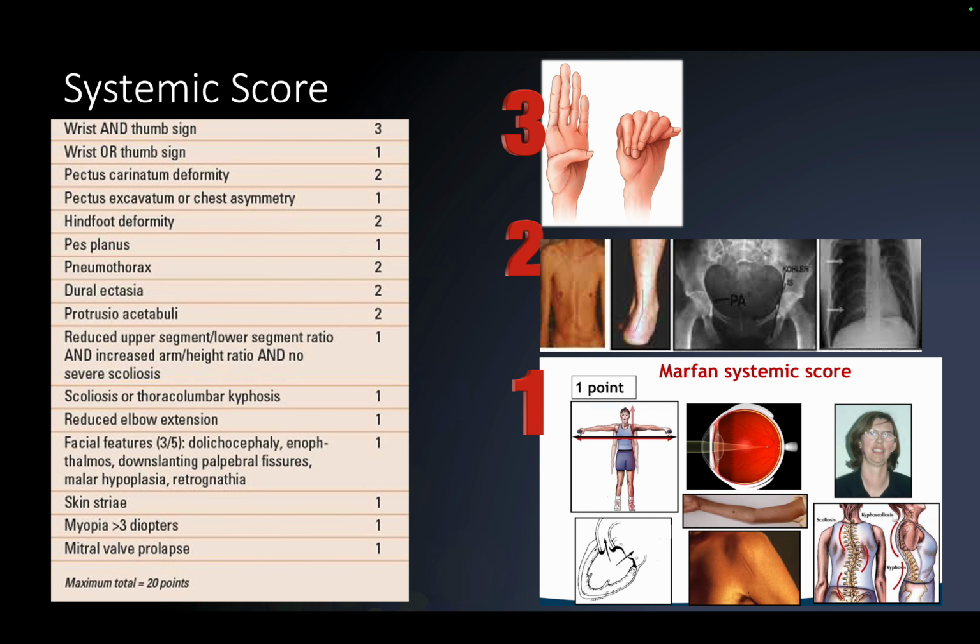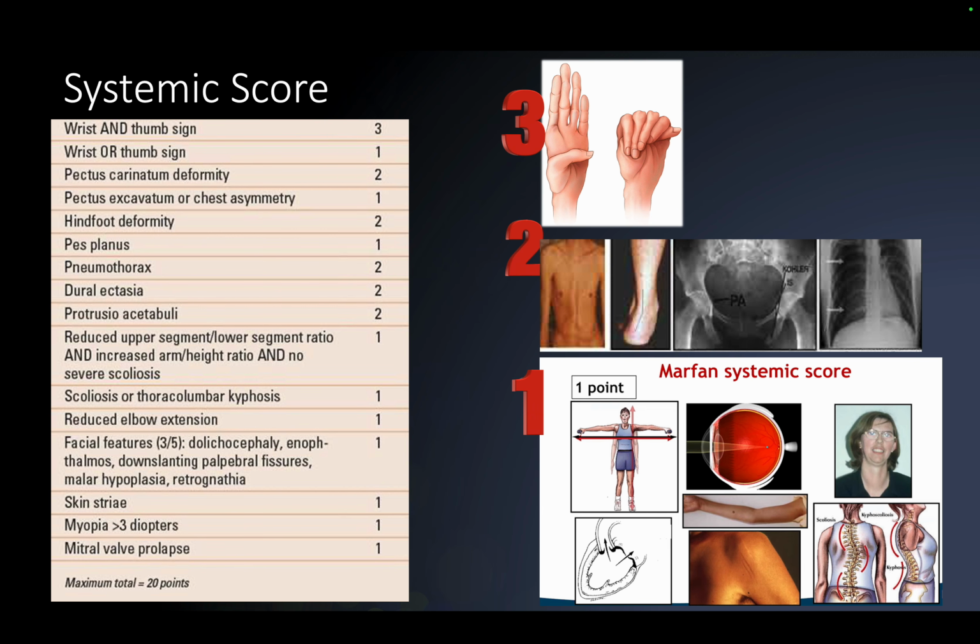In the criteria, this is the systemic score. In the systemic score, we have given 3 to certain systemic features. The wrist sign and hyperextensibility of joints are scored 3 marks, and then the features of scoliosis and pectus carinatum are given 2, and then myopia, increased arm length, and mitral valve prolapse are given a score of 1.